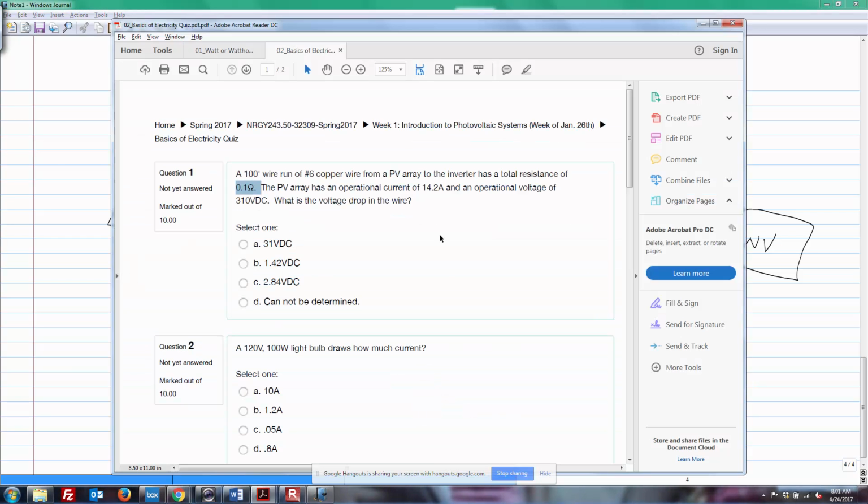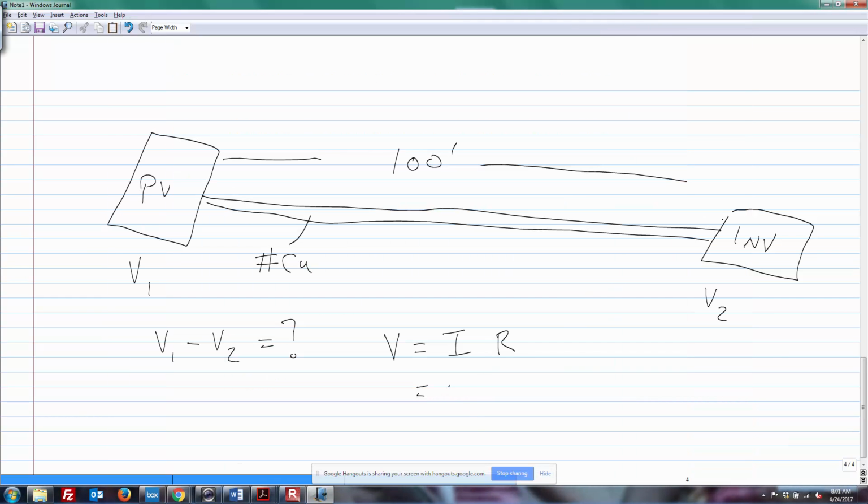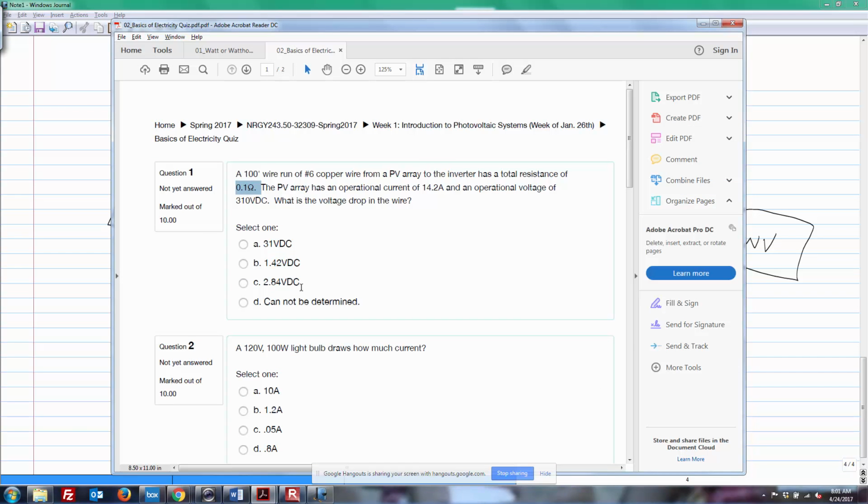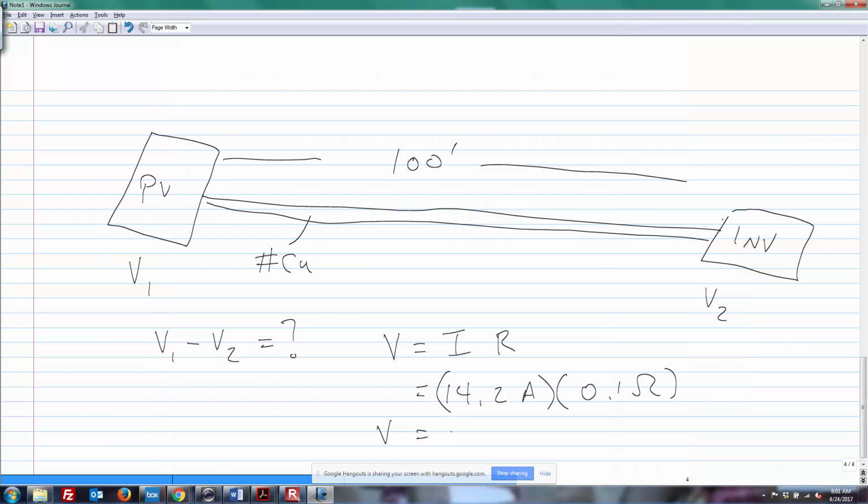In this case, the current is 14.2 amps, and the resistance is 0.1 ohms. So the voltage equals 1.42 volts. So that's a very good problem for you to know.